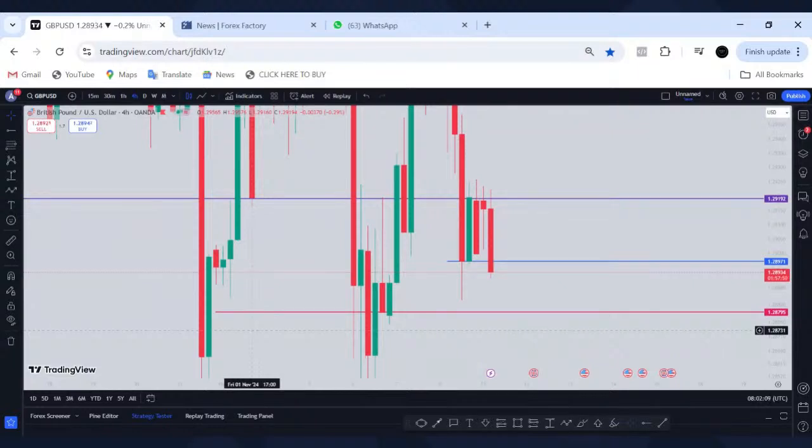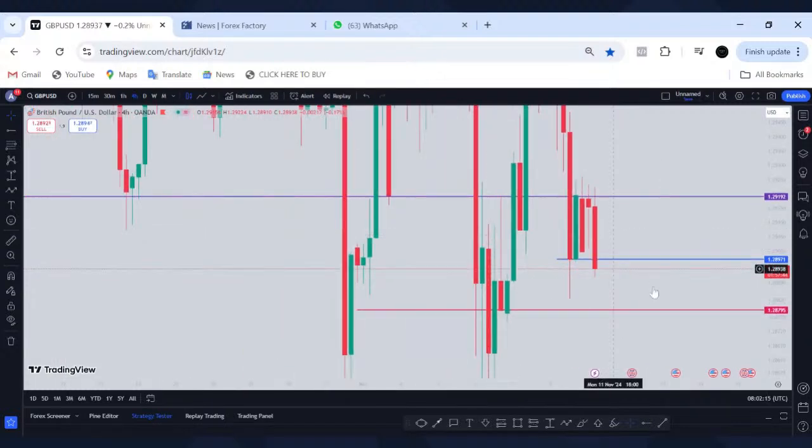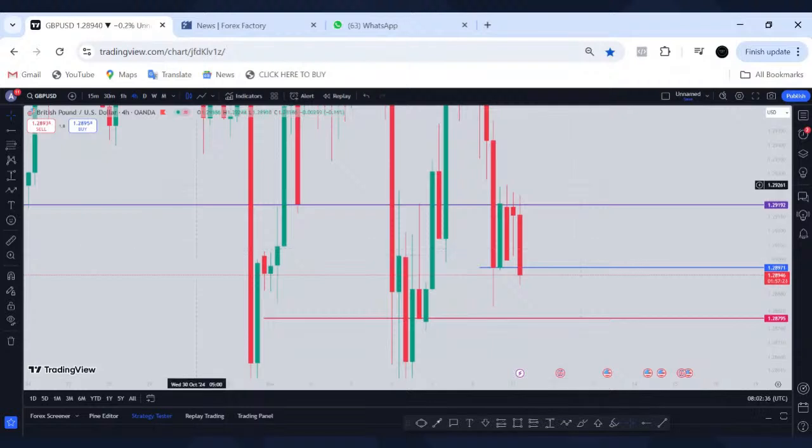Yesterday I analyzed Euro USD, so I saw an opportunity on Euro USD, but I didn't check it on GBP USD. The same pattern, the zone. It's a very small range, and that's why I ignored it on the Euro USD.